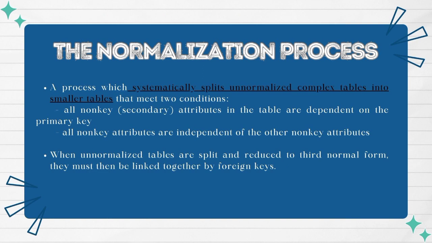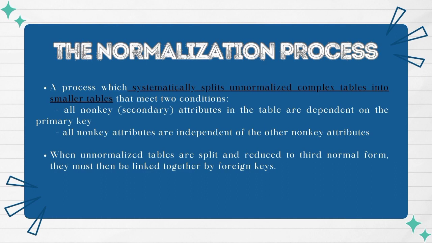Itong normalization process is a process which systematically splits unnormalized complex tables into smaller tables that meet two conditions. First is all non-key or secondary attributes in the table are dependent on the primary key, and second is all non-key attributes are independent of the other non-key attributes.